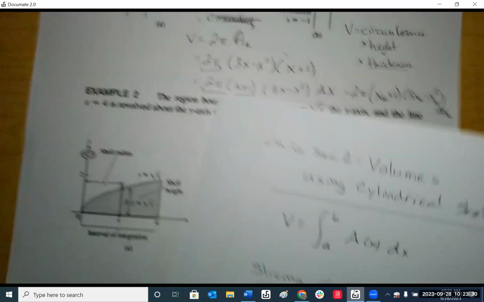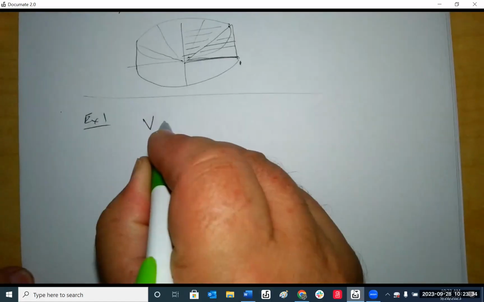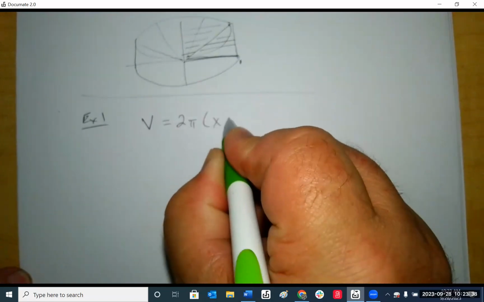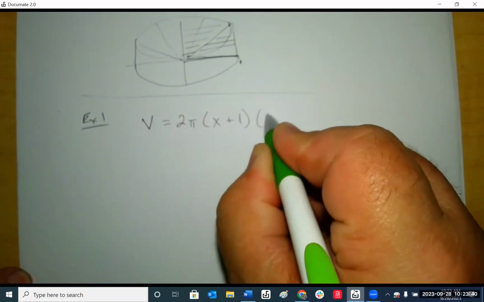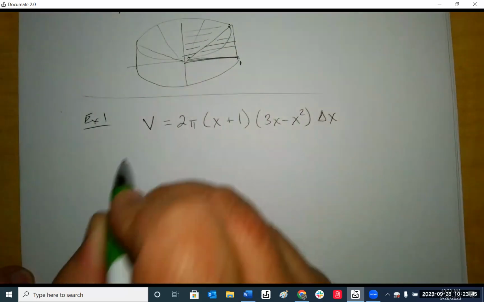Let me write this last one down on this piece of paper here. So we know we have V equals 2 pi x plus 1, 3x minus x squared, delta x.